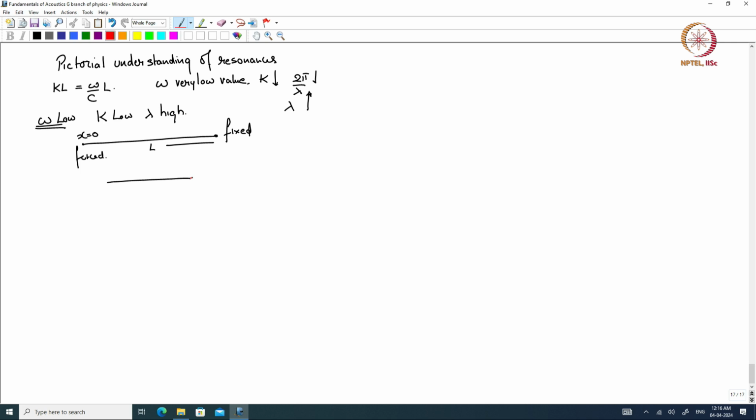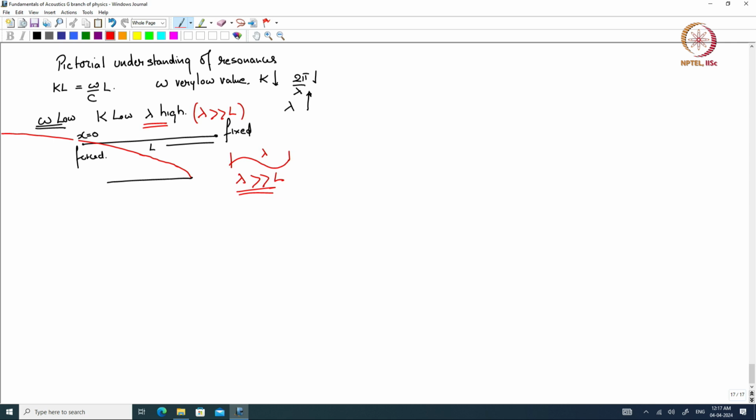So lambda is large means what? It goes off. Okay, 1 lambda is what? Positive and negative, this is 1 lambda. So, lambda is very large means the 0 and etc. will come much later, it is much larger than L, that is what we mean by high. Okay. Lambda is much larger than the length.